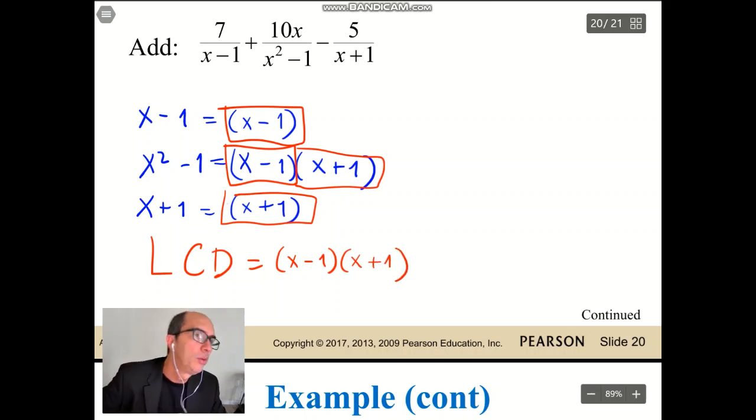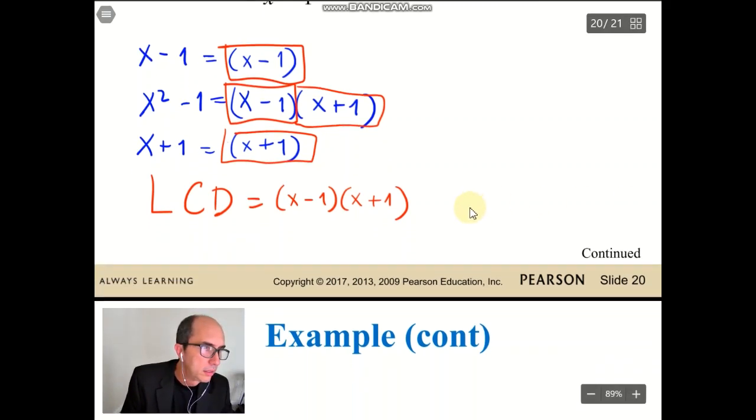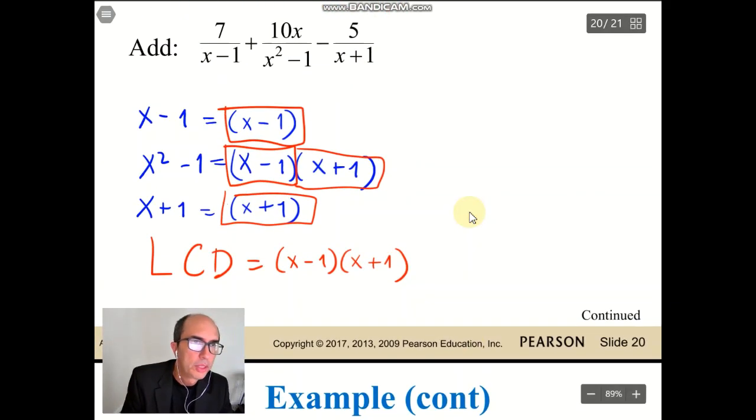This is our least common denominator. And yeah, we have some space, but let's make space here. We found the least common denominator, right? And let me clean this up.